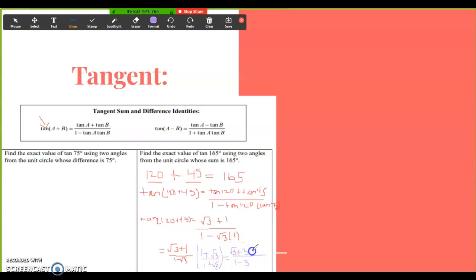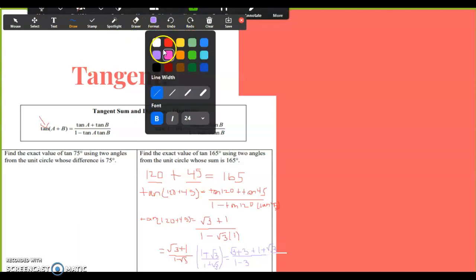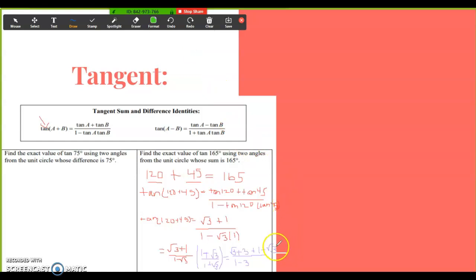So plus 1 plus radical 3. And I'm going to change the color so you can see it here. So our simplified answer in the numerator would be 2 radical 3 plus 4 over negative 2.